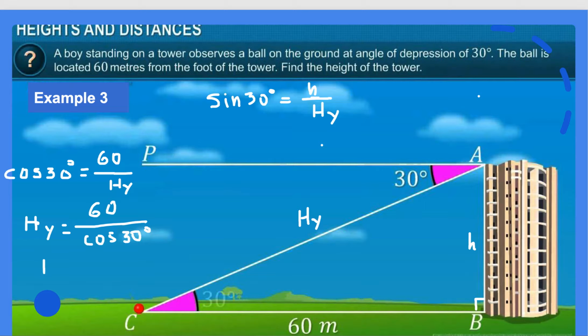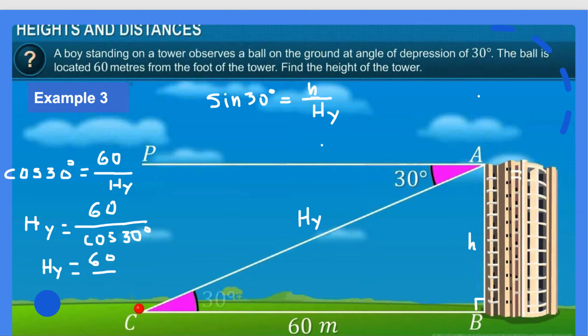Now the hypotenuse is equal to 60 divided by cosine 30 degrees.